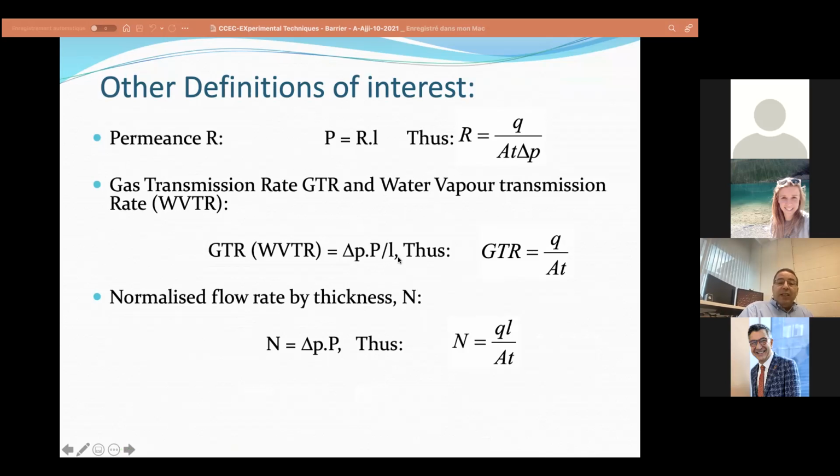It is defined as the differential pressure multiplied by permeability divided by thickness. Using the definition of permeability, it is the amount of gas that permeated divided by surface multiplied by time. This quantity and the permeability property are the ones that are mostly used.